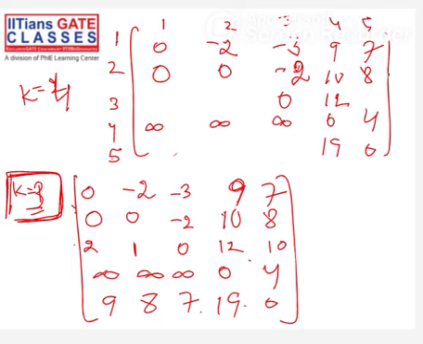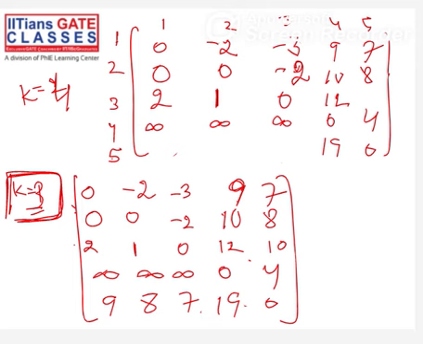The best value, modified. 3 to 1: 3 to 4 and 4 to 1. 3 to 4 is 12. And 4 to 1 is infinity. 3 to 2: 3 to 4, 4 to 2. 12, infinity.